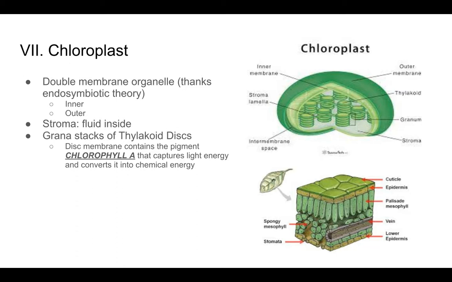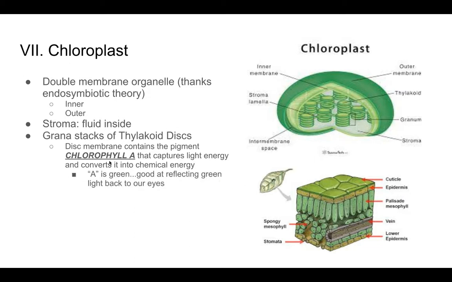So without chlorophyll, without something that's capturing the light energy, we can't start that conversion process. So thank you to the thylakoid discs that have chlorophyll A embedded in their membranes inside these individual chloroplasts.